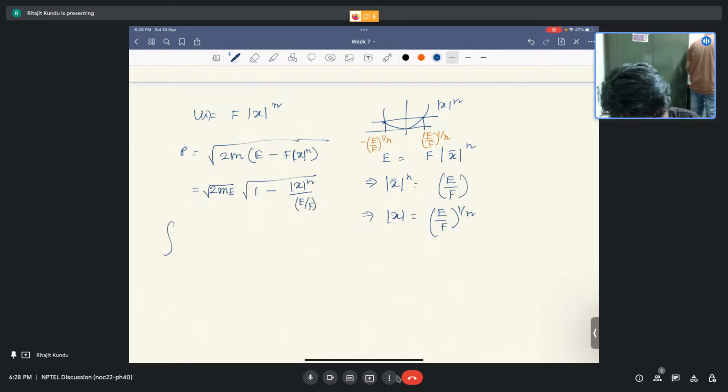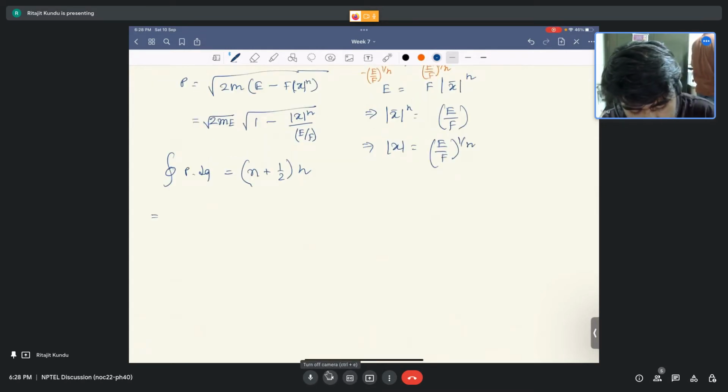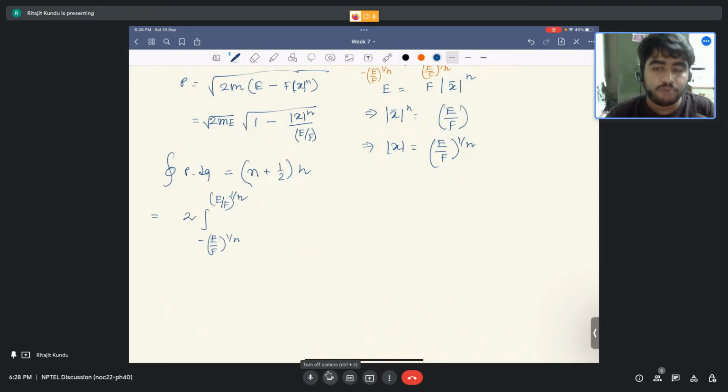Now let's calculate this quantity, the integral of p dq. In this case also, because these are soft boundaries, this will become n plus half times h. Let us proceed in the same way and write the limits of this integration. The limits will be minus E by F to the power 1 by n and E by F to the power 1 by n, and because it has to go back and forth, which is represented by this circle on the integration, there is an additional 2.